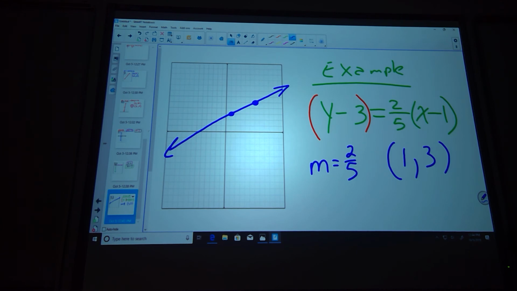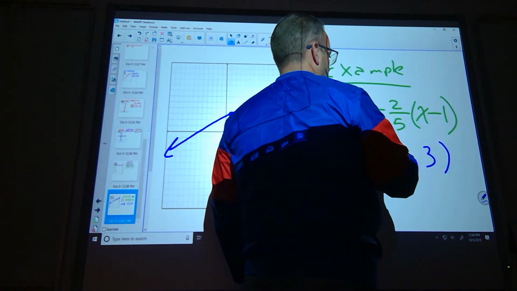Okay, so for the y minus 3, x minus 1, I know that's how you find your x and y intercepts, but how do you know if it'll be negative or positive? Because it's subtracting. So you mean taking it out of here to here?